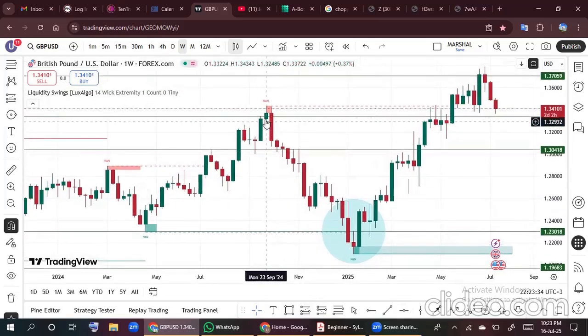So the opposite is the evening star, which is these three candles. Usually there is a little gap, sometimes you will see.